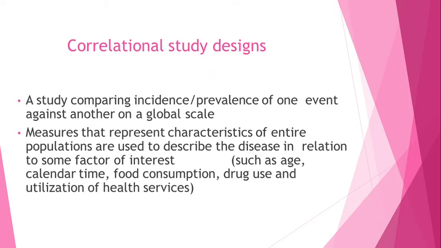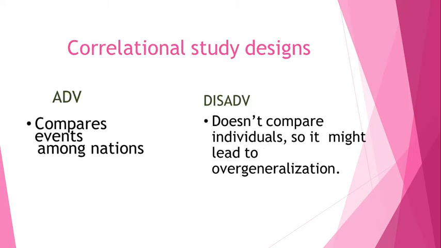So there are correlates involved. The advantage is that it compares the entire event among the nation, but it doesn't compare individuals. So the outcomes coming out of these studies are sometimes over-general, not specific.